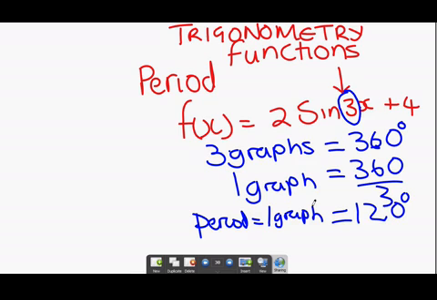Let's try another example. Now, suppose that we have f of x is equal to cos 1 over 2x plus 2. Again, we are saying this number here is supposed to help us to find the period.